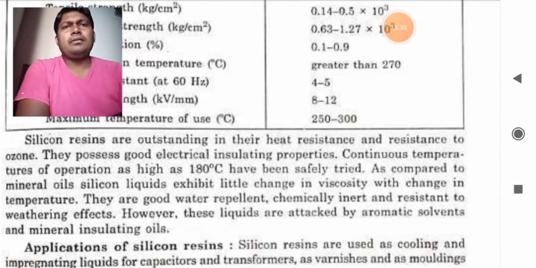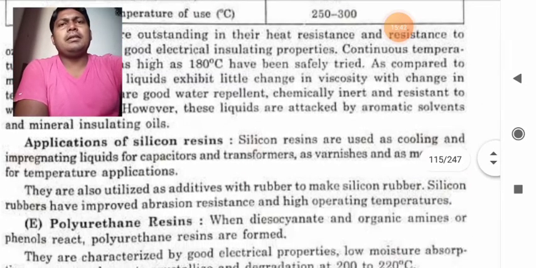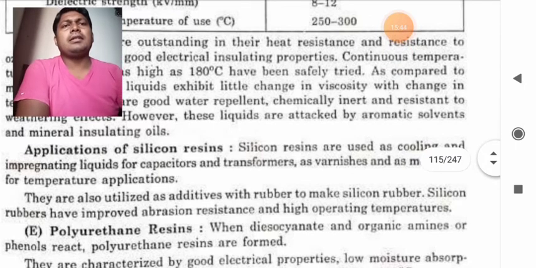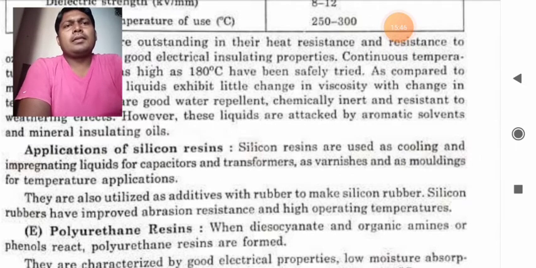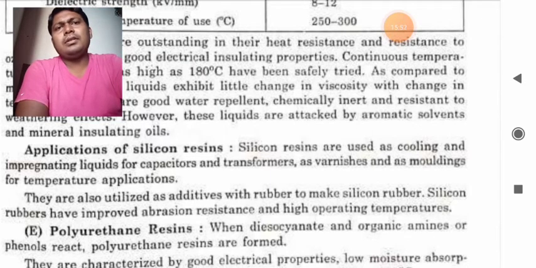The application of the silicon resins are as cooling and impregnating liquids for capacitor and transistor transformers, as varnishes and as moldings for temperature applications. They are also utilized as additives with rubber to make silicon rubber. Silicon rubber has improved abrasion resistance and high operating temperature.